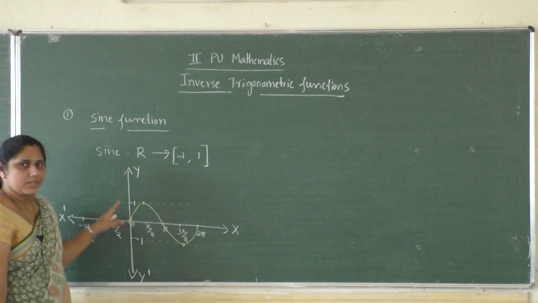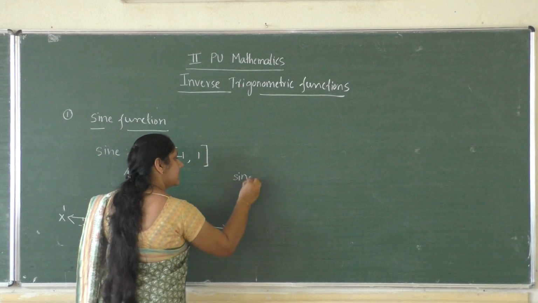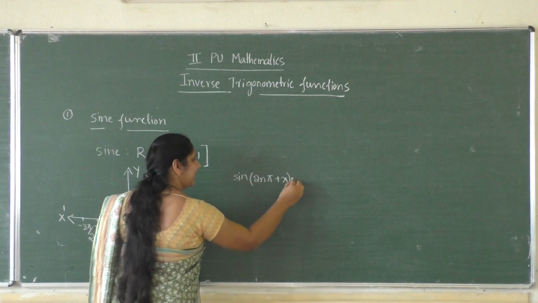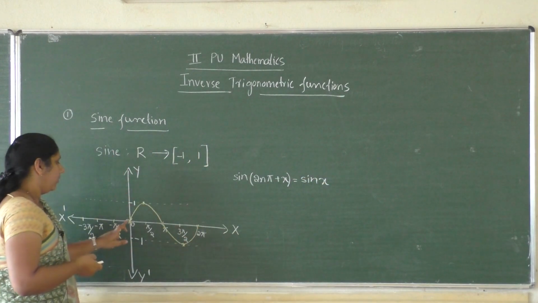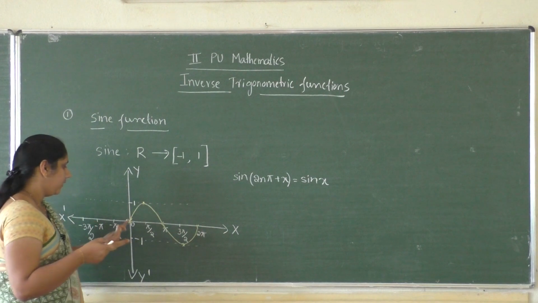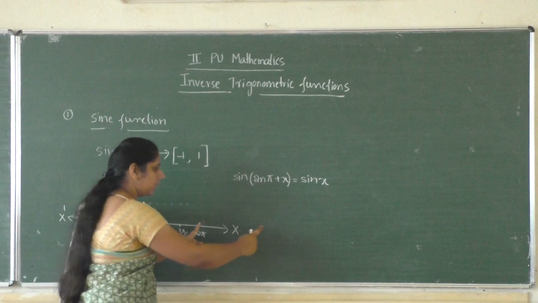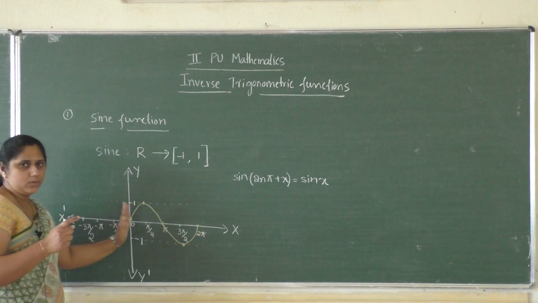Since the sine function is periodic, we have one property, right? Sine of 2n pi plus x equals sine x. So whatever graph we get from 0 to 2 pi, the same graph repeats from 2 pi to 4 pi, or here from minus 2 pi to 0.